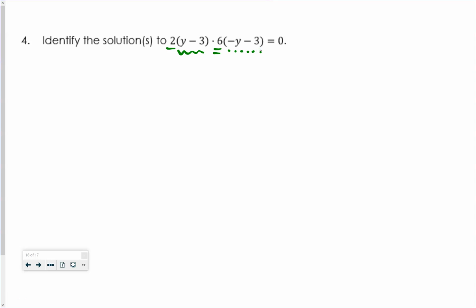They're all being multiplied together. That's how I know they're all factors. I'm going to take each one of those and make them equal to 0: 2 equals 0, y minus 3 equals 0, 6 equals 0, and negative y minus 3 equals 0.